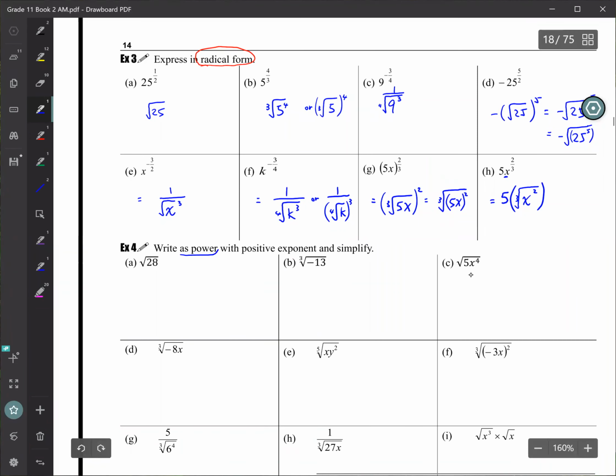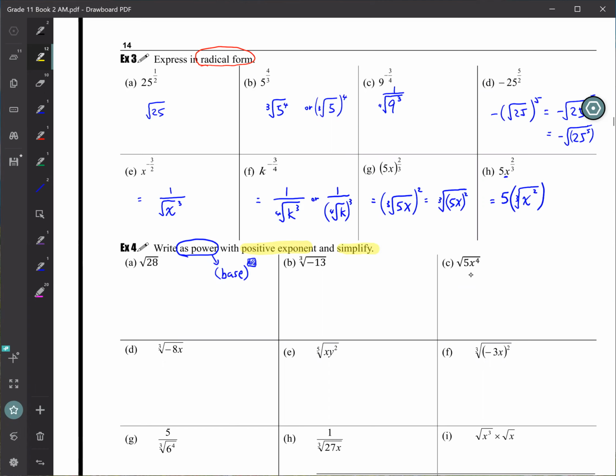Write as a power means it has a base and has an exponent. Not only that, it also says please keep it in positive exponent and simplify.